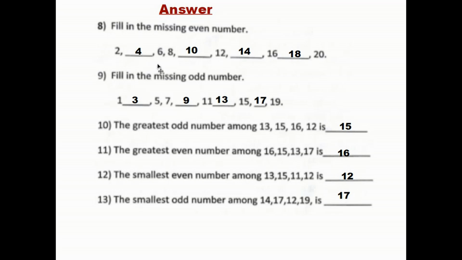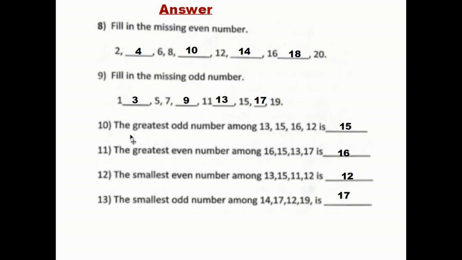Since all the numbers are even, the numbers have a difference of 2 each. So the missing numbers are the corrections. Number 9, the missing odd numbers: 1, what next? 3, 5, 7, what next? 9, 11, 13, 15, 17, 19. So these are the missing numbers.